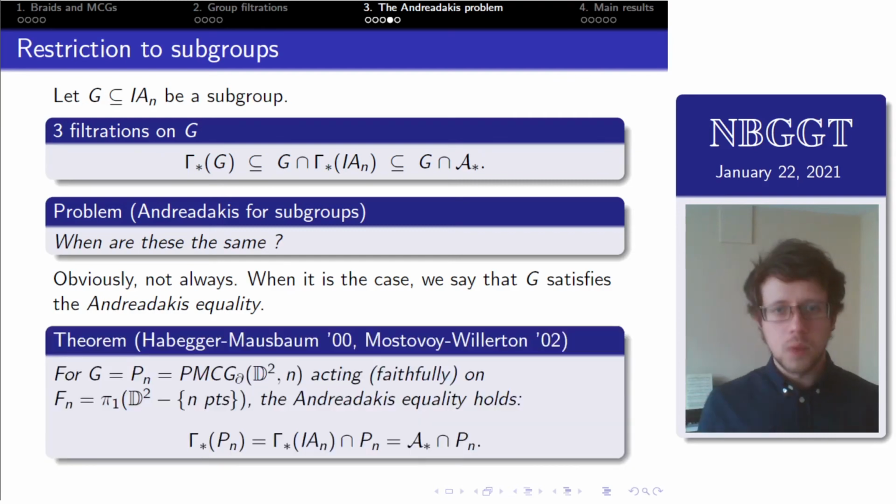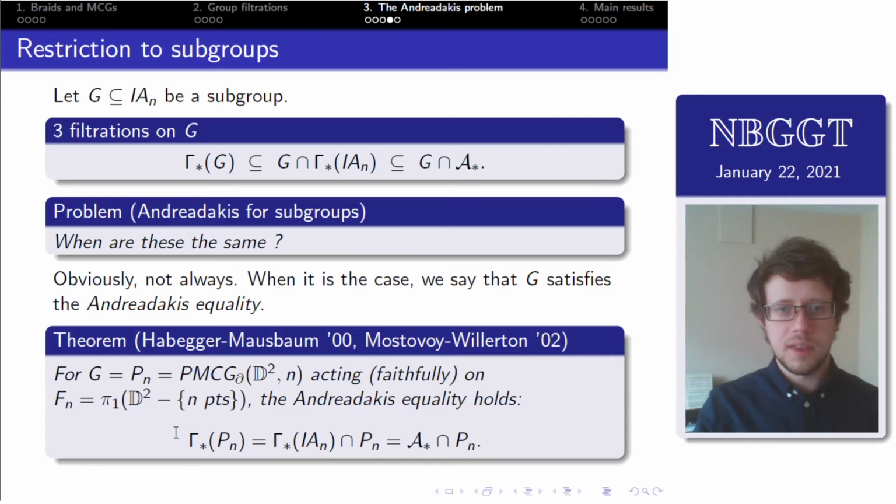Here is one theorem. For G the pure braid group, which we saw before, which is the mapping class group of the disk with n points fixed, because it's the pure one, and the boundary also fixed, acting faithfully on this fundamental group, so it identifies with a subgroup of automorphisms of this free group, then we have the Andreadakis equality.